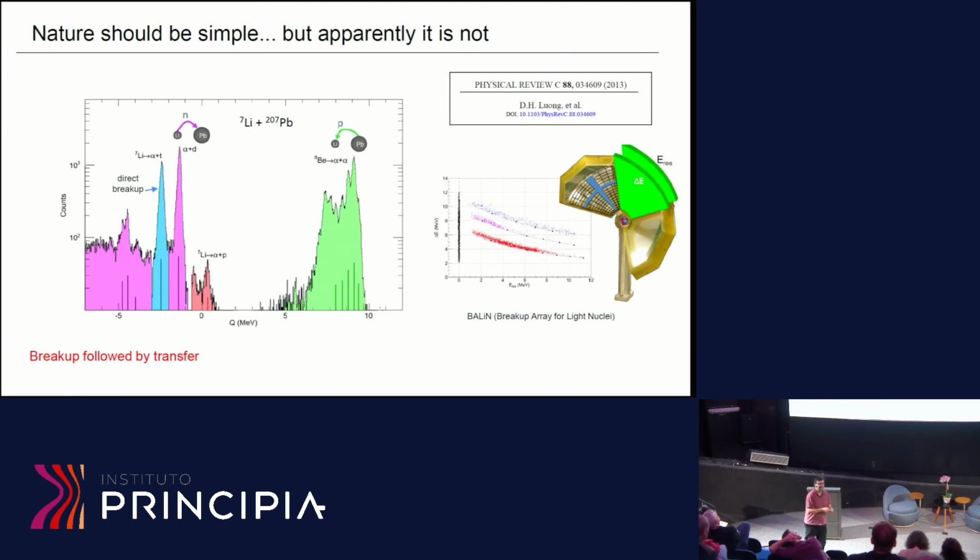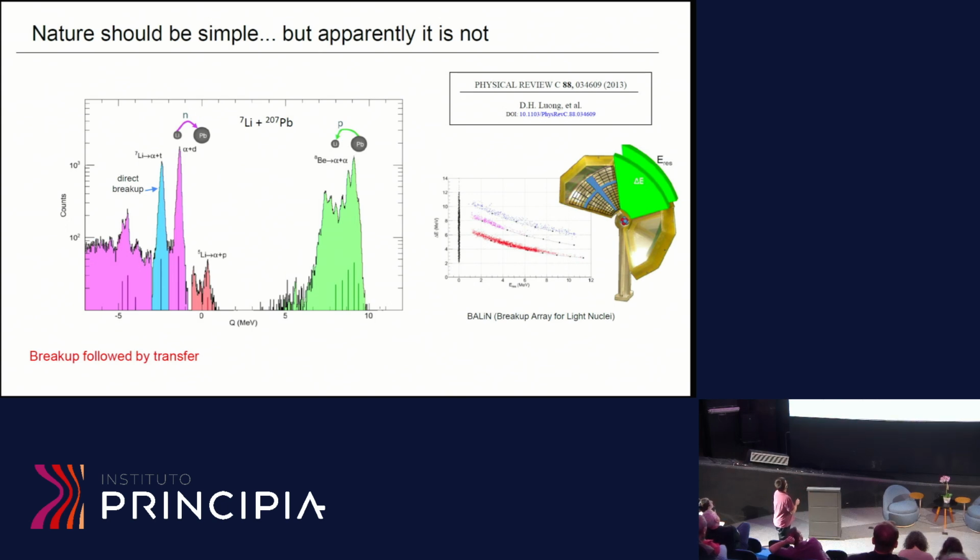So we may imagine that the lithium-7 breaks into alpha plus triton, and then we would be able to measure these two in coincidence. In principle, we could then calculate some cross-section and compare with some model like CDCC or whatever model we can use for calculating the probability of this projectile breaking up and these two particles flying away without being absorbed by the target, right?